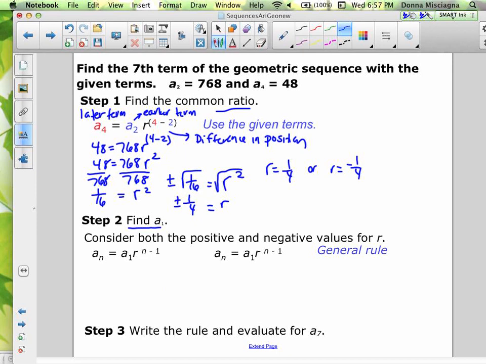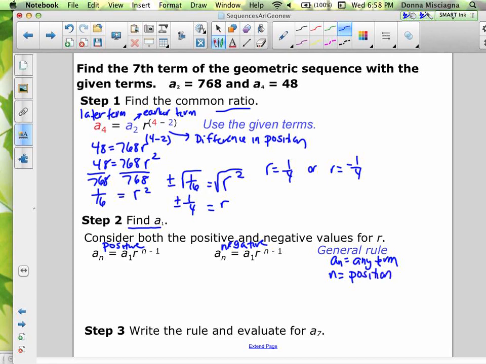All right, so let's consider both the positive and negative values for R. This one will be the positive. This one will be the negative. And remember when we're substituting here, AN is our any term. N is its position.